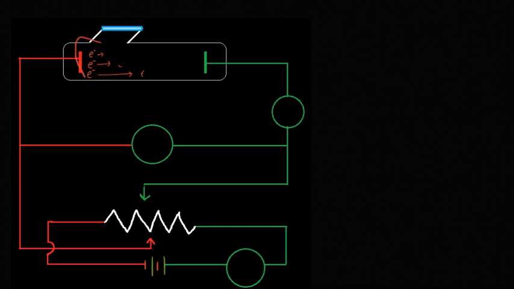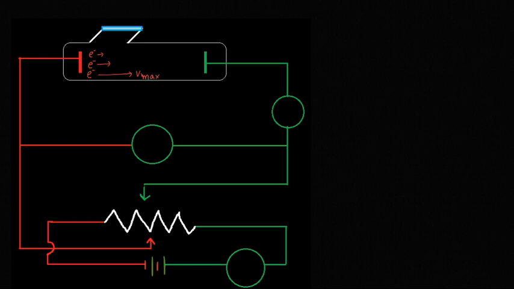As you can see in this picture, the arrows show the magnitude of the velocity: a smaller arrow means small velocity, a medium arrow means medium velocity, and a large arrow means large velocity. So the photoelectrons emitted have various ranges of velocity. Some have zero velocity, some have small velocity, some have large velocity.